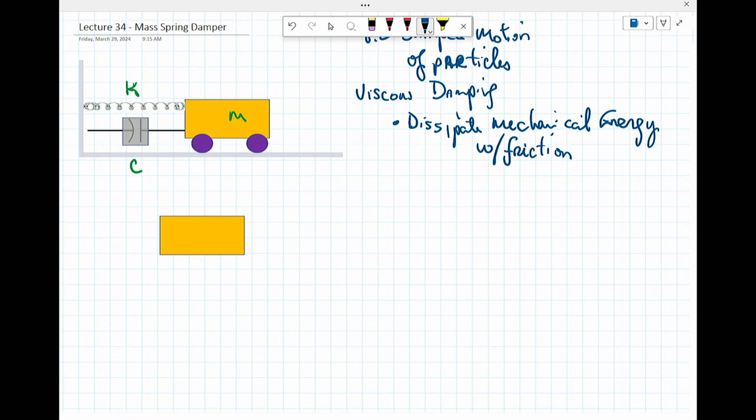And what I want to do with this is take care of the fact that as I look at my current solutions, they never sort of decrease in amplitude.